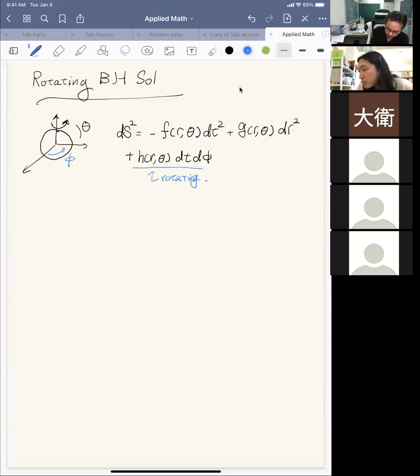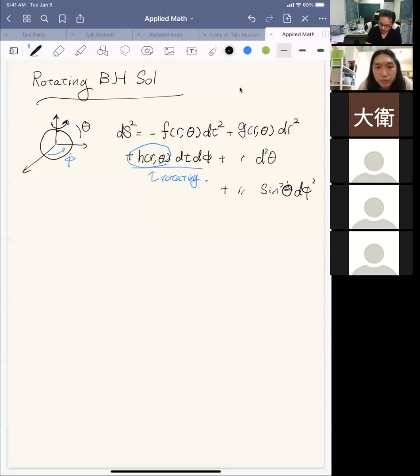If you have a notion of the angular momentum of this object, then this information should be encoded in this function here. Of course we have the usual theta and phi dependence, but the point is that now the theta squared and the phi squared terms are not sharing the same function anymore, because you're breaking spherical symmetry.